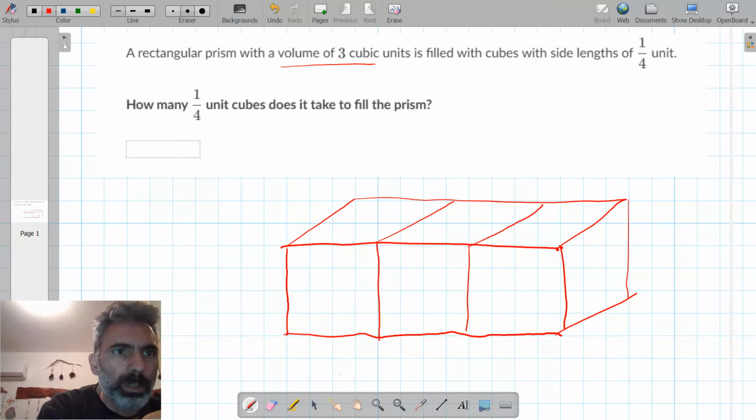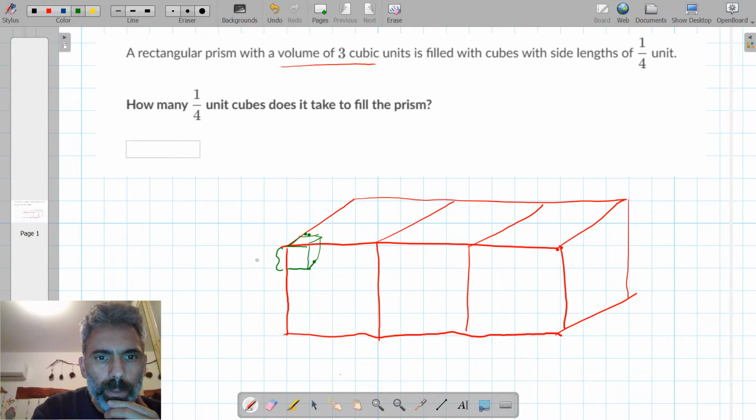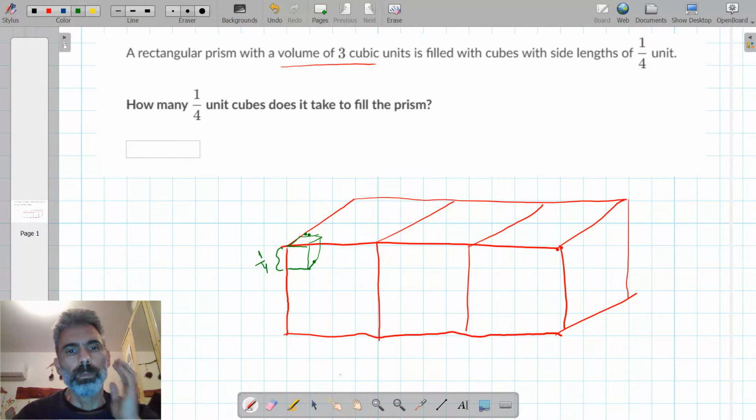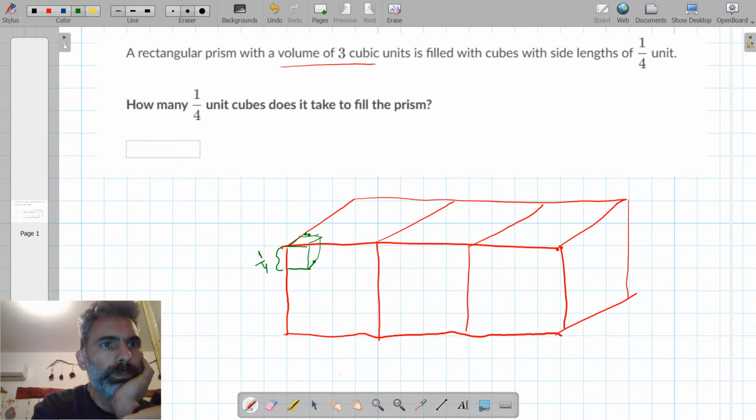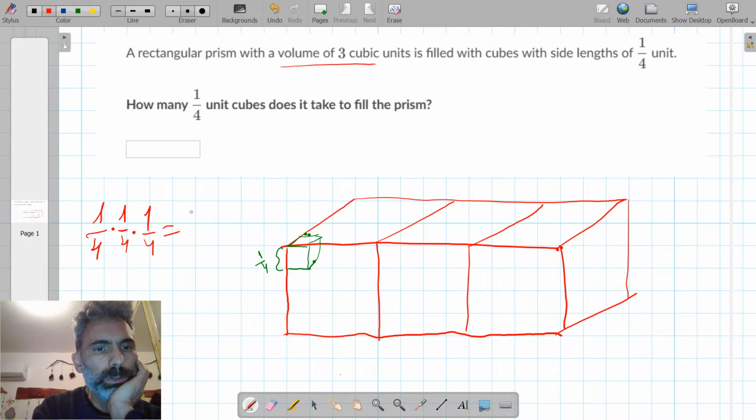So each cube here is 1/4 unit. Okay, so the volume of the small cube is 1/4 times 1/4 times 1/4, which is 1/4 times 4 is 16, 16 times 4 is 64.